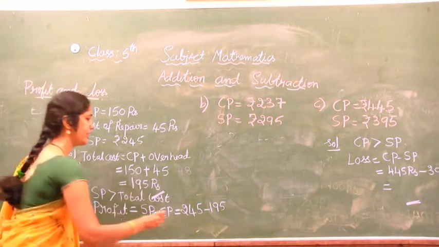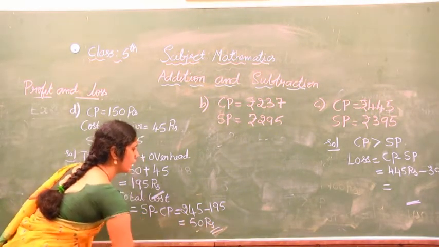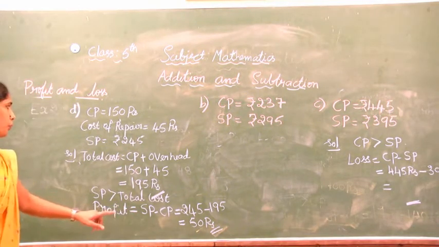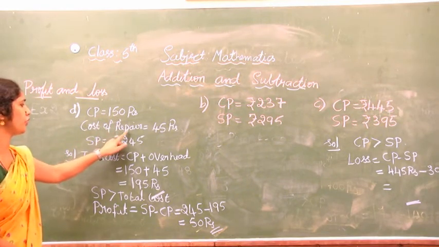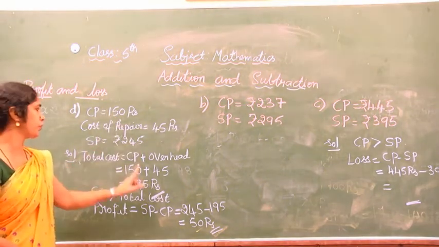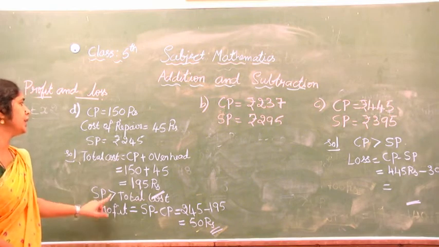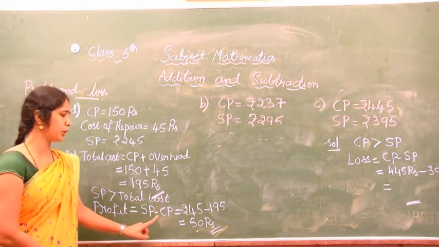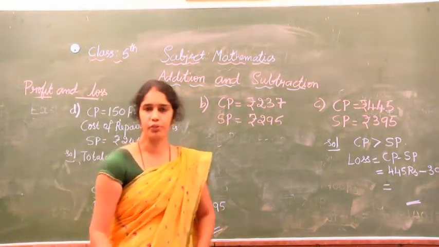What you will get here? 50 rupees. He has got profit of 50 rupees in this case. This is the cost price and this is the cost of repair. To find the total cost, you have to add this. 150 plus 45 is 195 rupees and selling price is greater here. So you will get profit, that is SP minus CP, 245 minus 195 equal to 50 rupees.